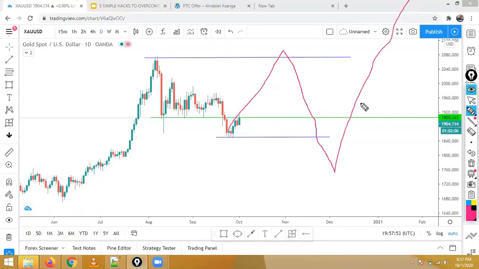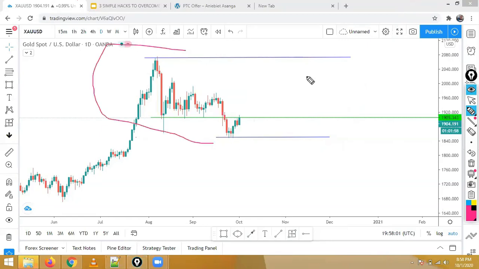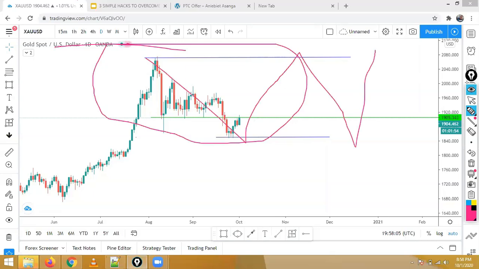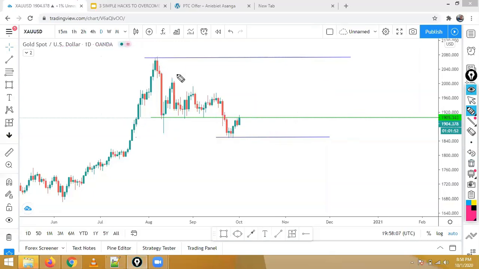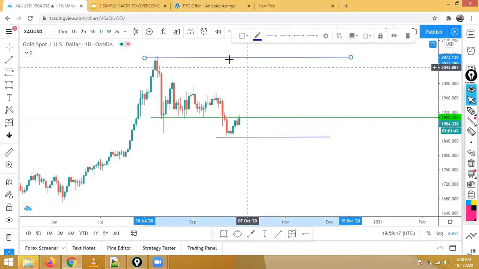All right, so you can plot this out on your chart, Isaiah. Either this range scenario, which may happen, or price moving in this corrective phase like this. Oh, my drawing is bad.